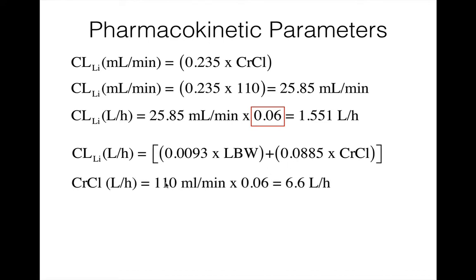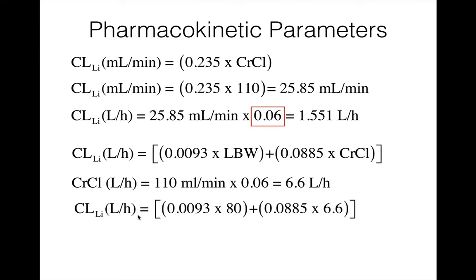And here we do the patient's creatinine clearance, 110 milliliters per minute, times the conversion factor of 0.06, which converts to liters per hour, and our final estimated creatinine clearance is 6.6 liters per hour.